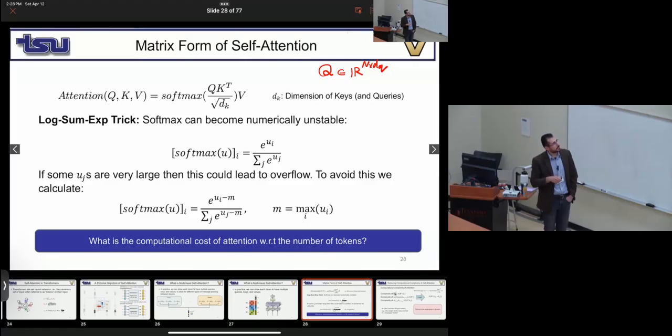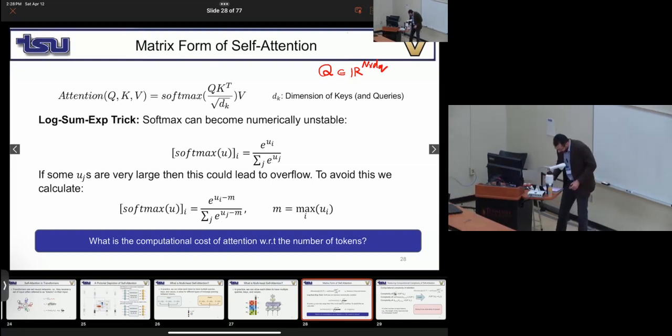And it just simply tells us that this is going to be exactly equal to if you calculate e to the power u_i and you subtract the maximum value of the u_i's from your vector. This should be fairly easy to see why this is the case. I'm simply having e to the u_i divided by e to the m, and in the denominator, I have the sum over j of e to the u_j divided by e to the m.